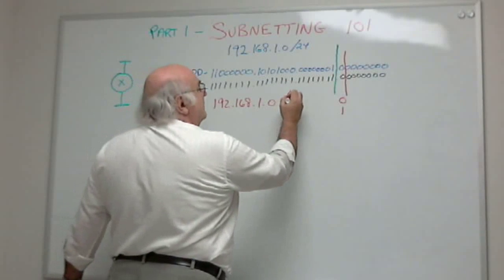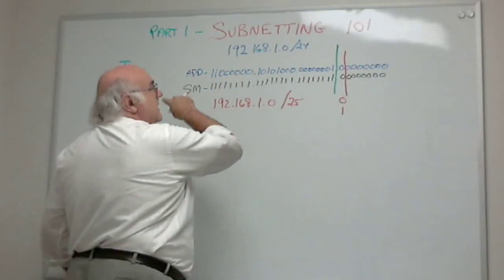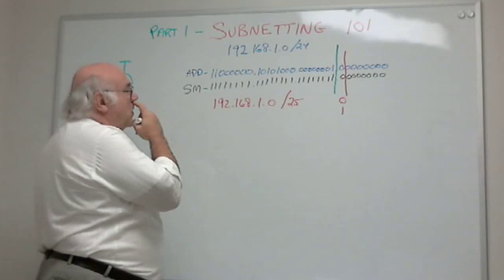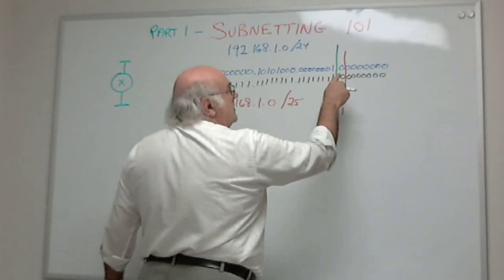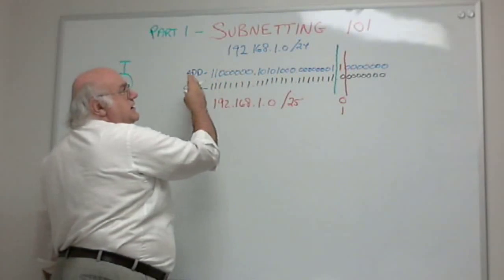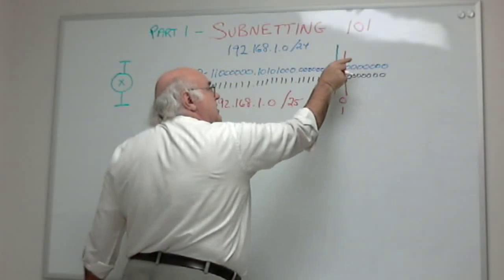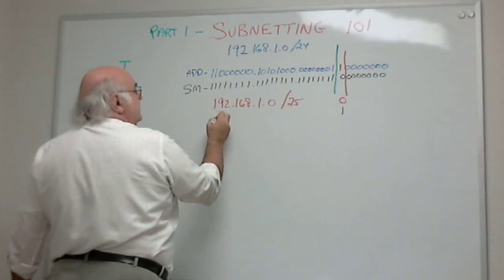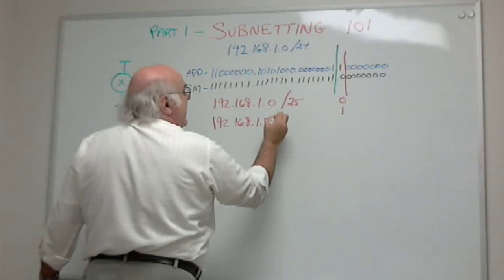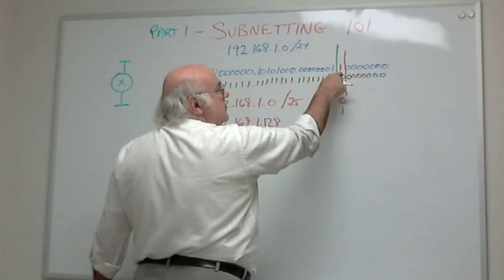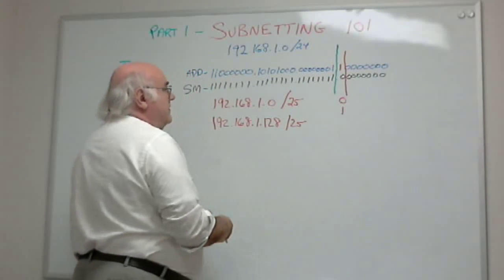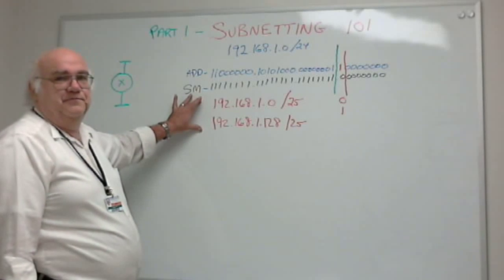I'm now using 25 bits to define my network address. Host bits are still all off. So there's one network. But now what if I turn this bit on? I haven't changed the network address from my ISP, but I've changed this. Now this is 192.168.1.128, the positional value of that bit, /25. I've got two different networks.